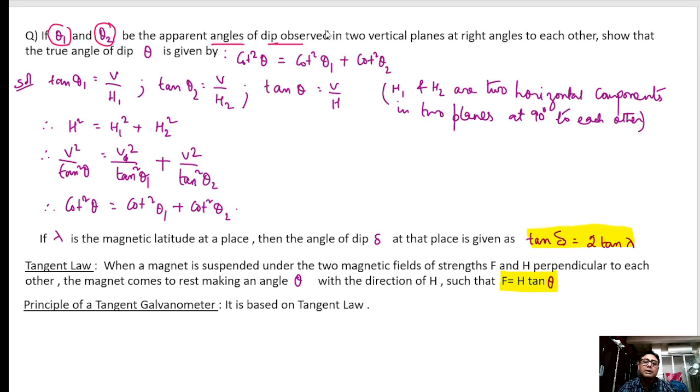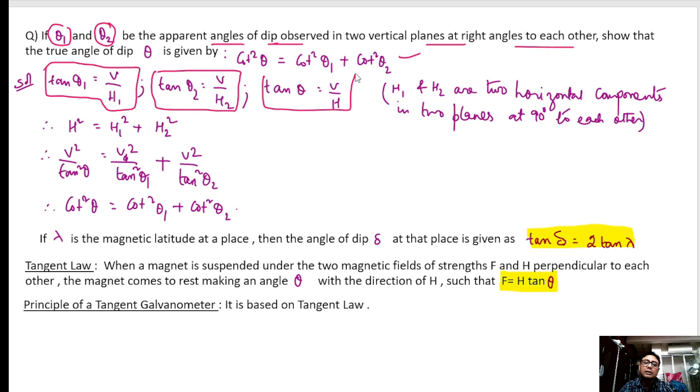Theta 1 and theta 2 are the angles of dip, so tan theta 1 will be V by H1 and tan theta 2 will be V by H2, in two vertical planes at right angles to each other, and we have to prove this. And tan theta is V by H.